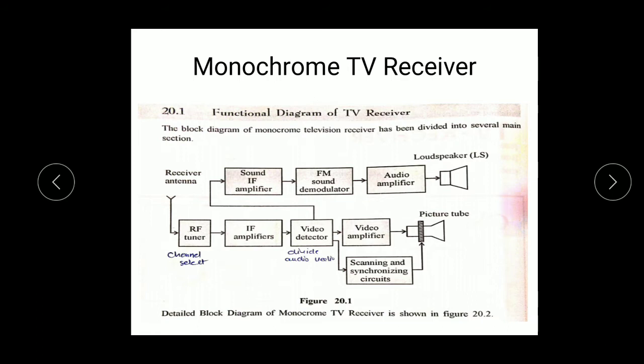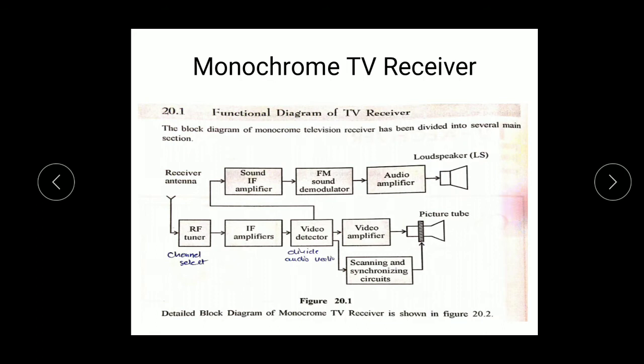By the RF tuner we select the particular channel, and then the IF amplifier provides a particular frequency band for the video signal and for the audio signal. The IF amplifier amplifies the sound signal, and similarly the video signal is amplified and sent to the picture tube.